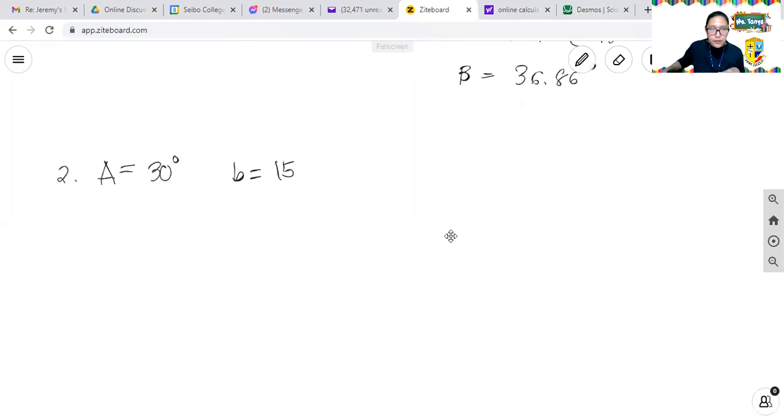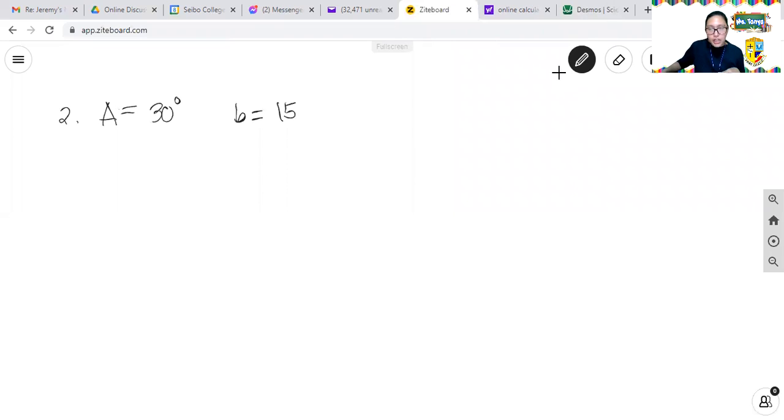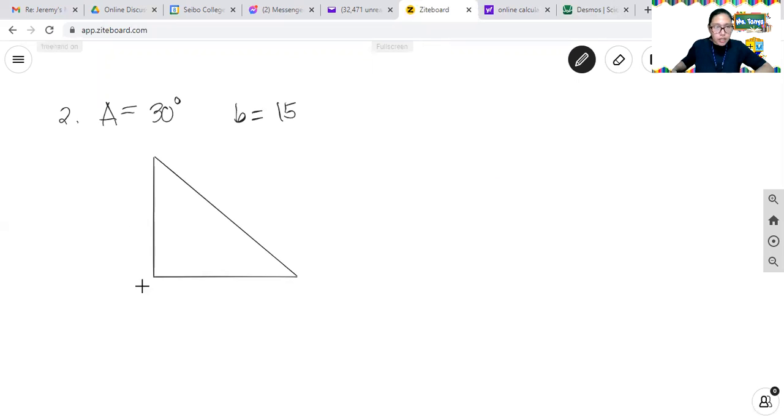So again, the first thing to do is to illustrate the right triangle so as to visualize the different information. So we have C here, which is 90 degrees. A is given and it's 30 degrees.